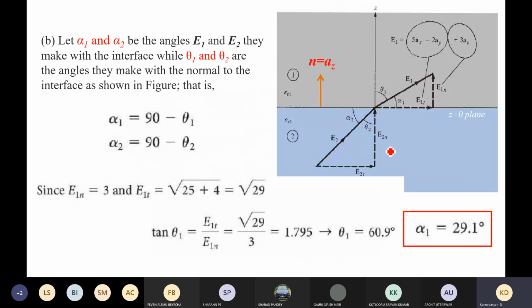If it is clearly visible here, this is the interface, and with respect to the interface, the E1 vector and E2 vector produce alpha 1 and alpha 2 respectively. And in order to compare with respect to the normal, they are actually producing theta 1 and theta 2.